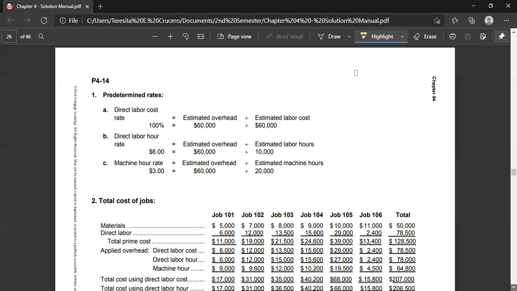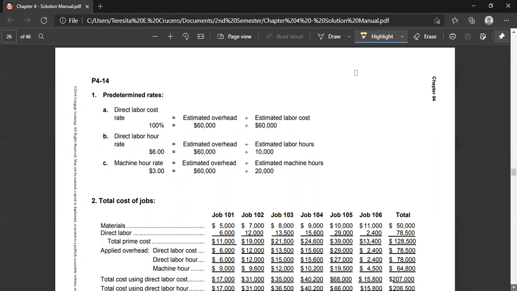In requirement number 1, compute the predetermined rate based on the following: A, direct labor cost, B, direct labor hours, and C, machine hours.